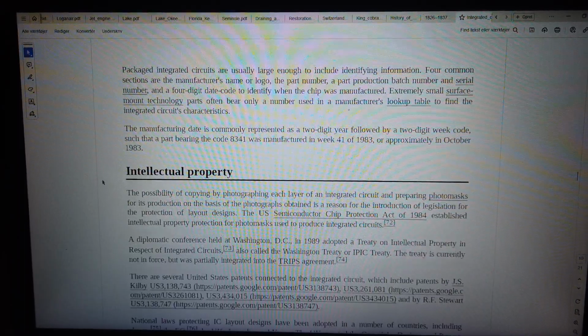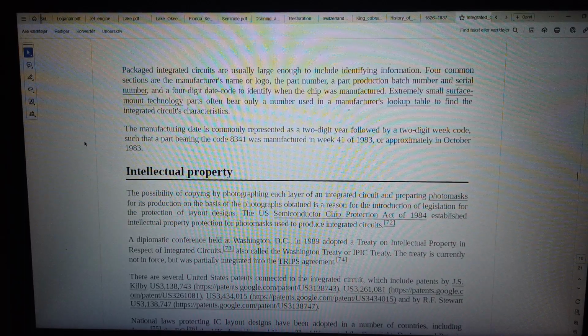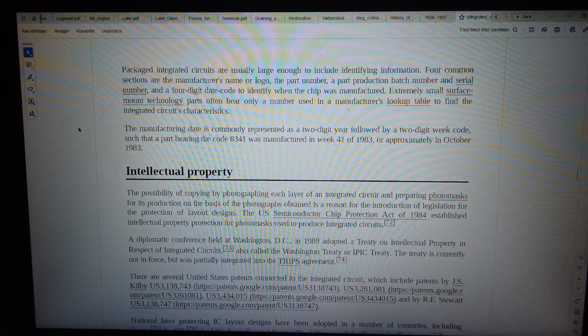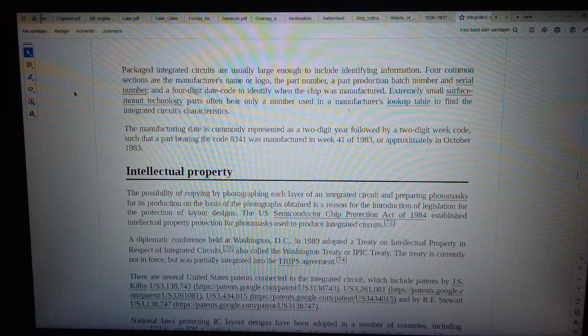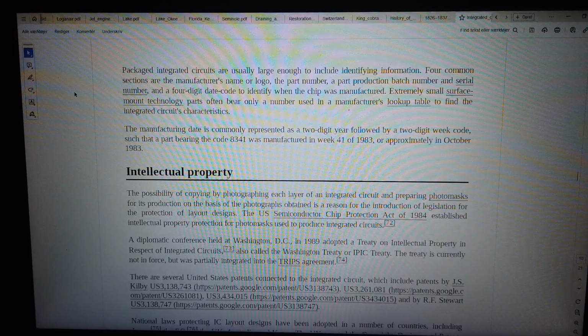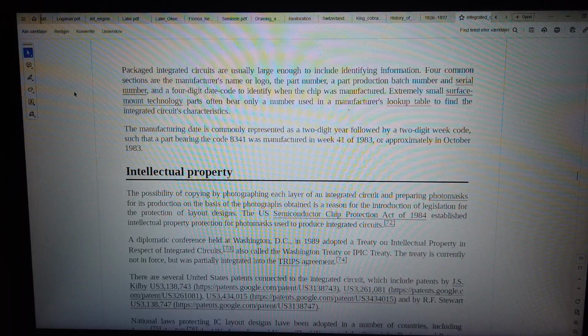Packaged integrated circuits are usually large enough to include identifying information. Four common sections are the manufacturer's name or logo, the part number, a part production batch number and serial number, and a 4-digit date code to identify when the chip was manufactured.